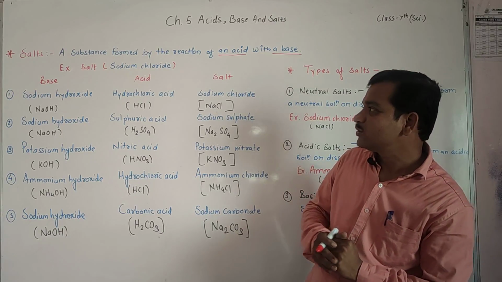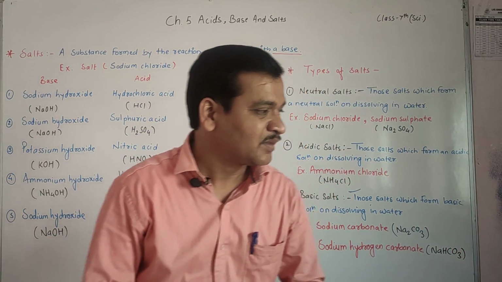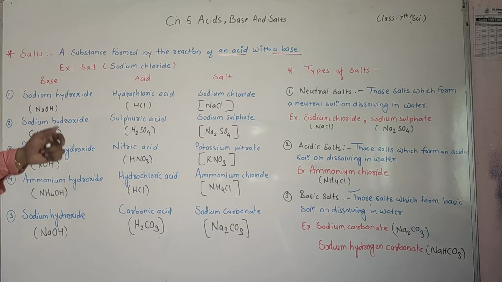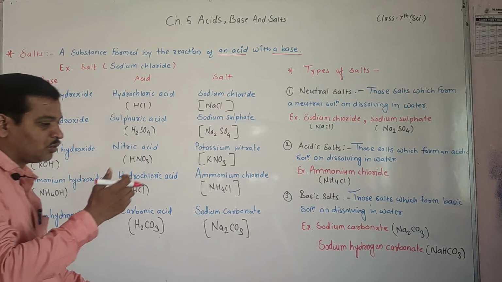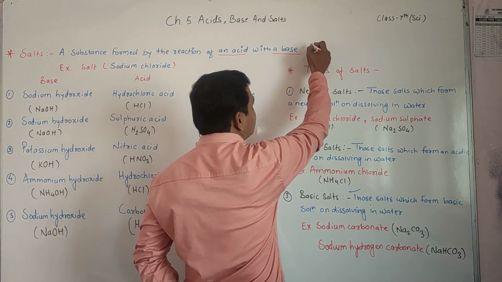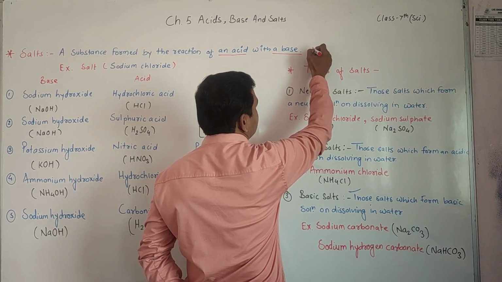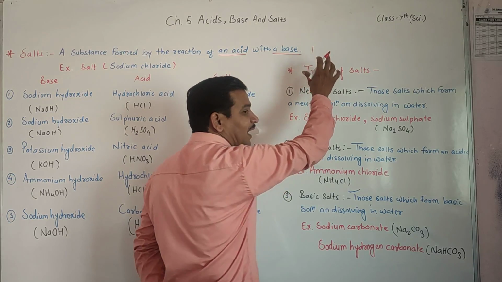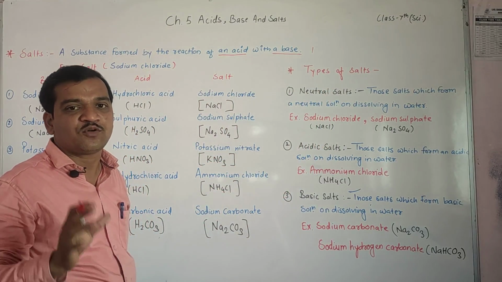Yes or no? One more time, see here, the reaction is very simple. I have already explained the reaction of sodium chloride, but no problem, I will show you one more time. The reaction between acid and base forms salt.